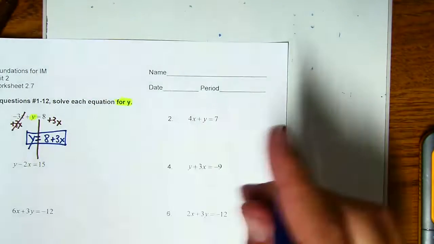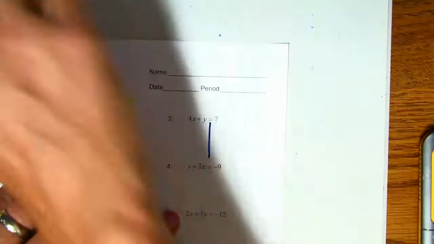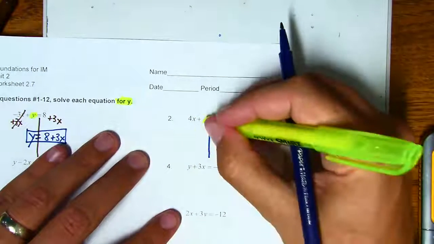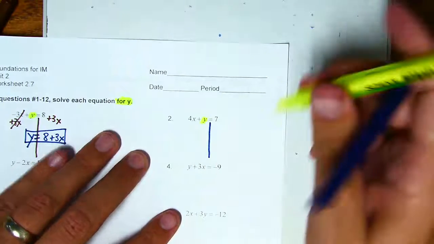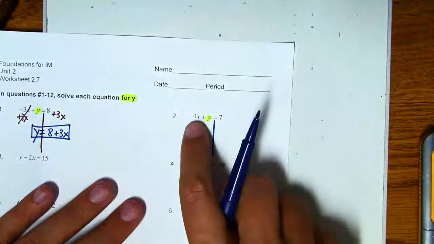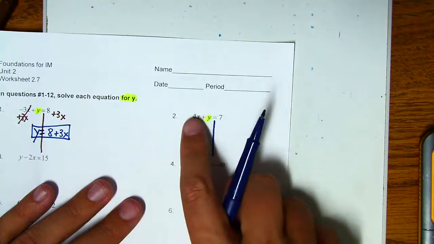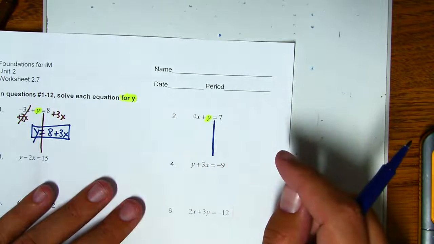Okay, so same thing here, right? Some things I want you to notice. I want you to notice where the y is and notice that the y is not alone. Then you have to ask yourself, what do you have to move over to get y alone?